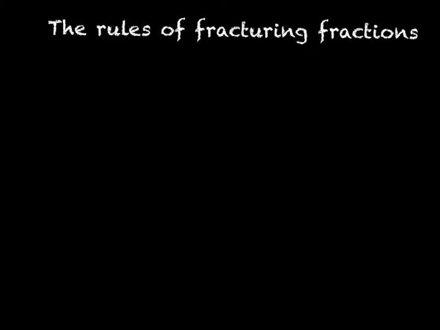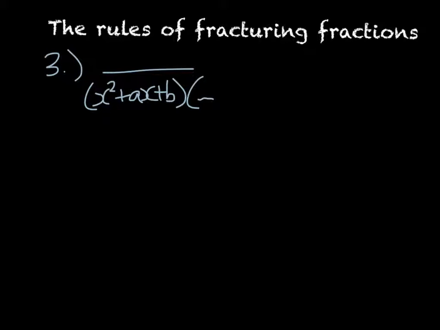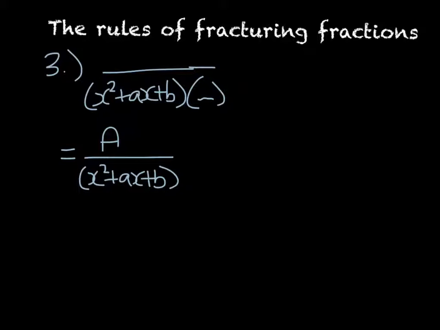The third rule says that if you have in the denominator a quadratic that doesn't factor anymore, and let's just say you have some other terms, then instead of doing a regular a over your quadratic, you would have to do an ax plus b, and then do your plus c over whatever your blob was there.